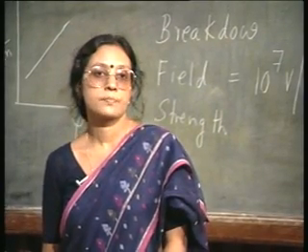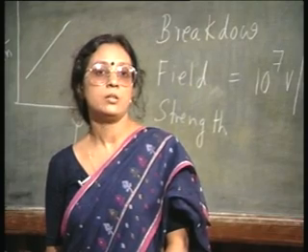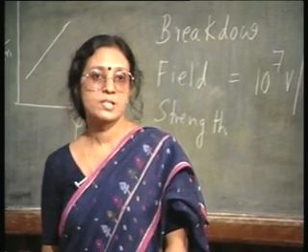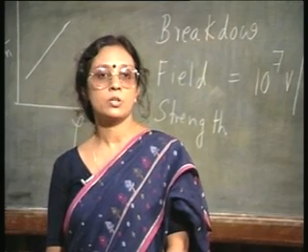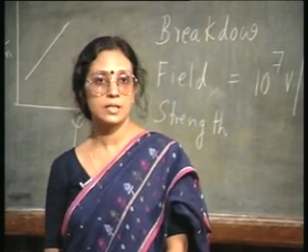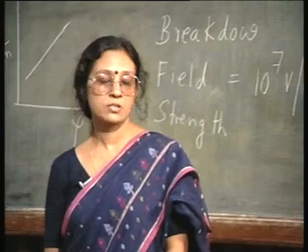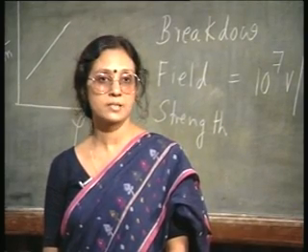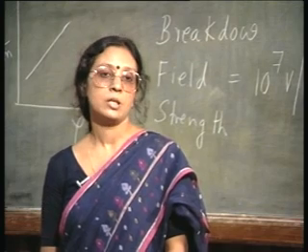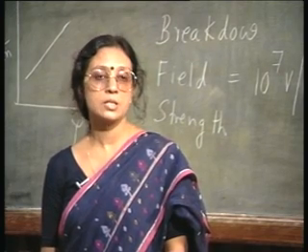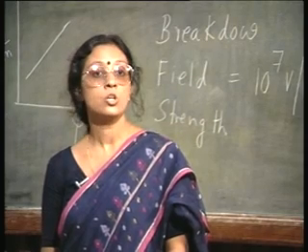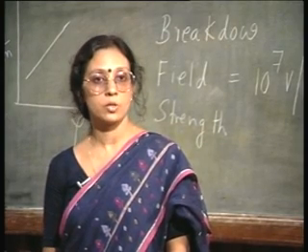So, this is about the oxidation of silicon. Let me emphasize once again that thermal oxidation in silicon yields the best oxide. The oxide properties are the best for thermal oxidation. That is why thermal oxidation is the standard processing step in VLSI technology, not the anodic or plasma oxidation.